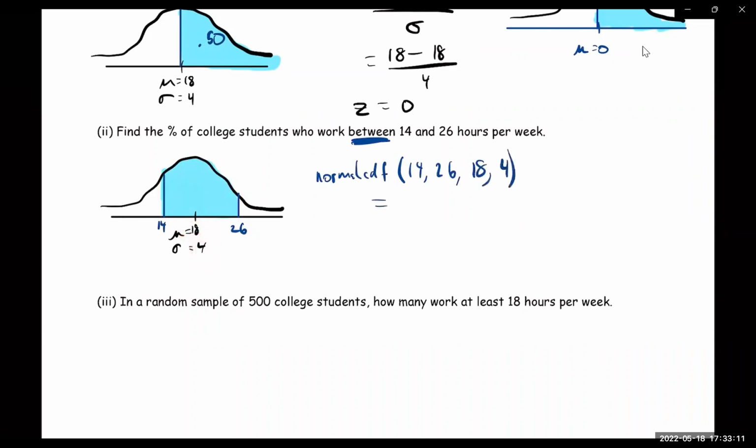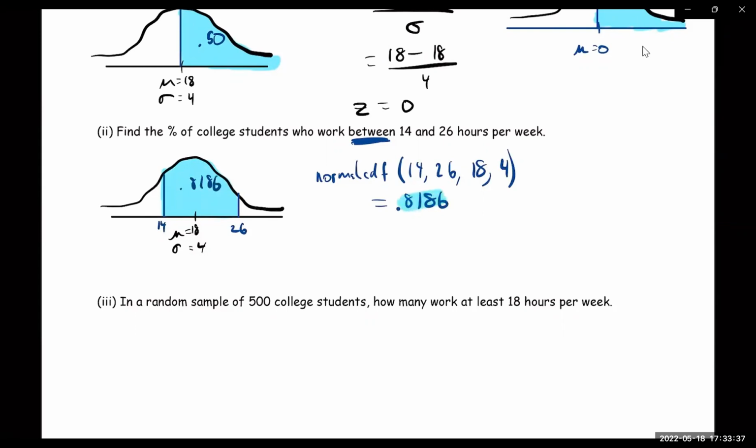So if you type that into your calculators, let's see what it is. I'm getting 0.8186 if I round.